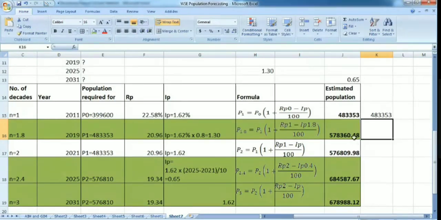Here also, I'll go for 578,361. That means I'll just go for this here.